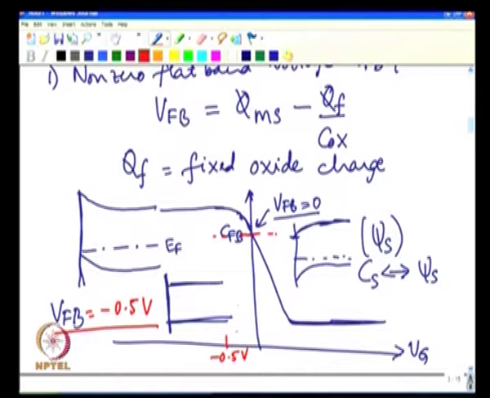This is where I will get this capacitance value, and after that as I apply more gate voltage, it will go towards this, and hence capacitance will start increasing. As I start applying positive voltages beyond minus 0.5, bands will start bending like this and capacitance will start decreasing like this. So what you will have is really this. There is this translation.